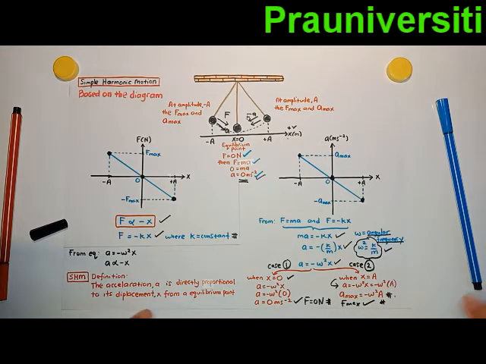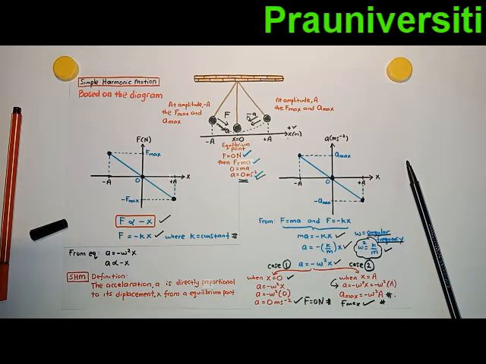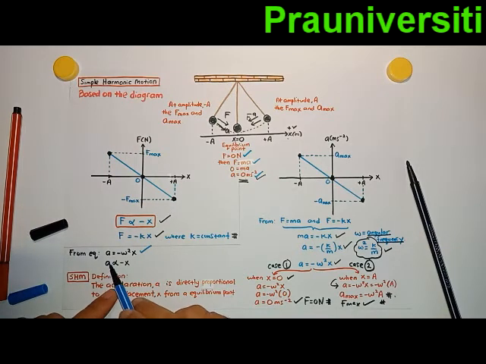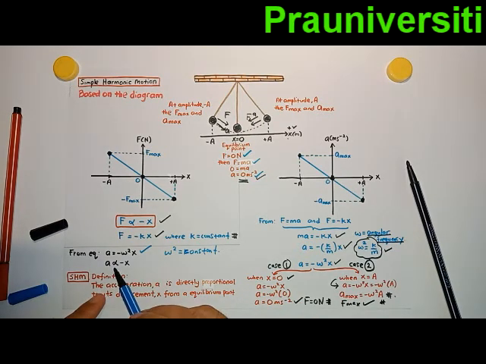So we continue. So we have this equation. Because omega squared is a constant, a is directly proportional to the negative x.